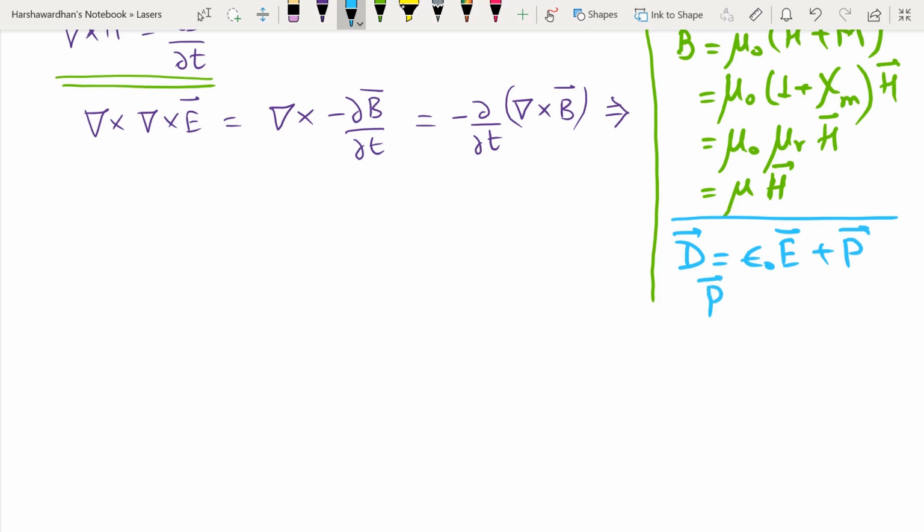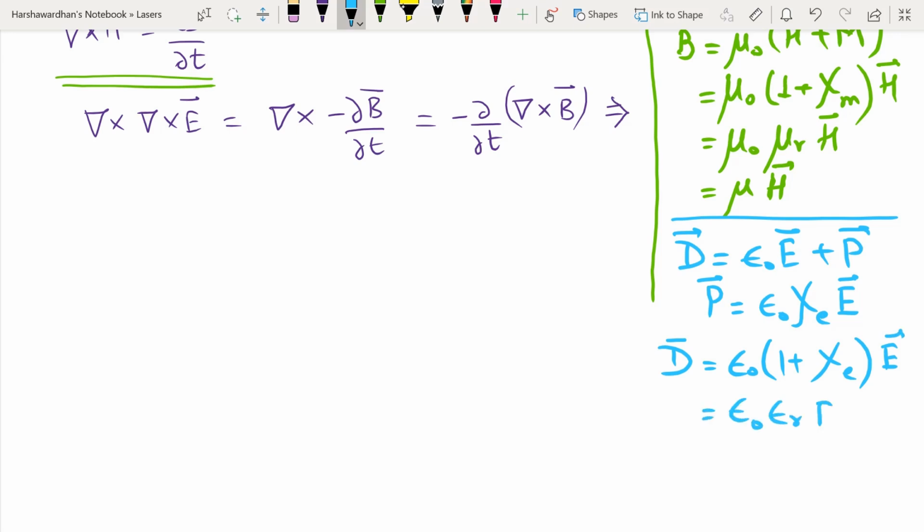And remember, for linear response, we wrote down polarization as epsilon naught times susceptibility chi times E. So I can write down my D as epsilon naught 1 plus chi electric times E, which in other words is akin to the top equation, epsilon times E. And when I made these approximations, I made the approximation on this epsilon, or effectively on epsilon relative, or the susceptibility, stating that these are uniform in space.